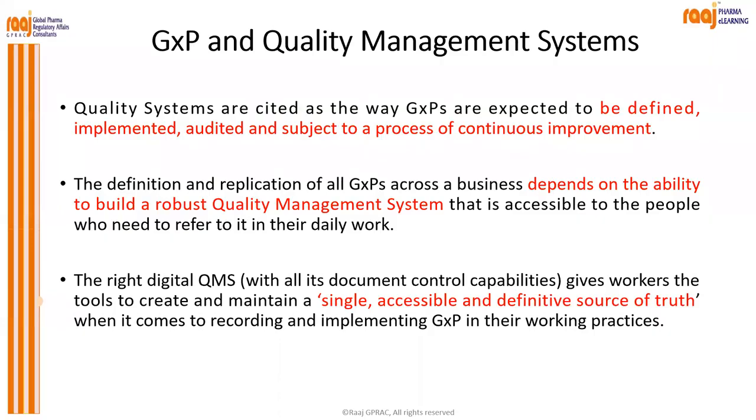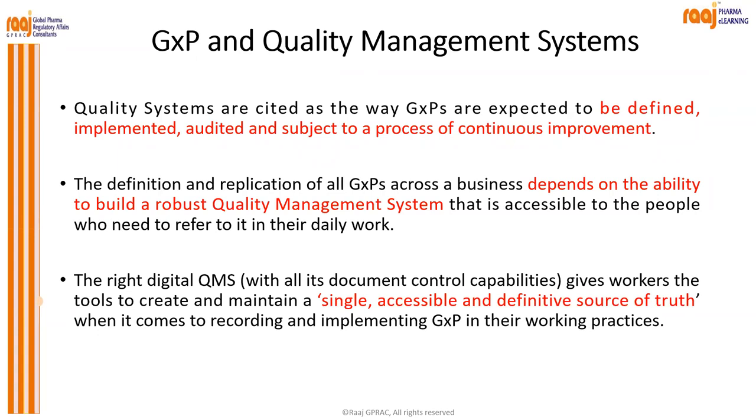So build a system in such a way that it should work continuously in the absence of people as well. That is how the dependability on people becomes less when you are able to build a robust quality management system.